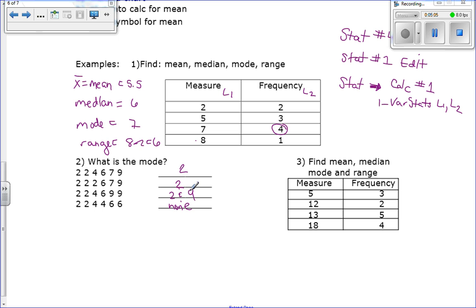Find the mean, median, mode, and range. Again, put it into the calculator. This is L1, this is L2, and the mean is 12.6. The median is 13.